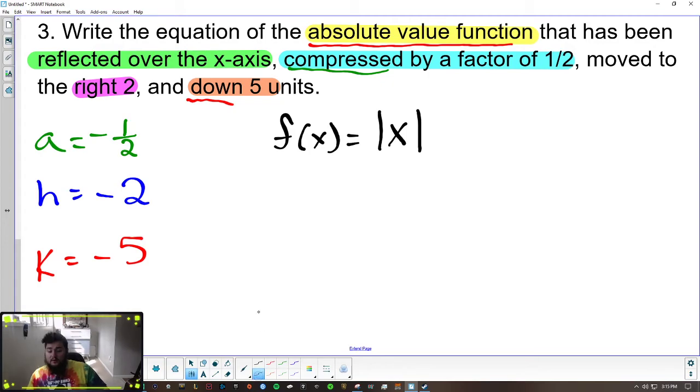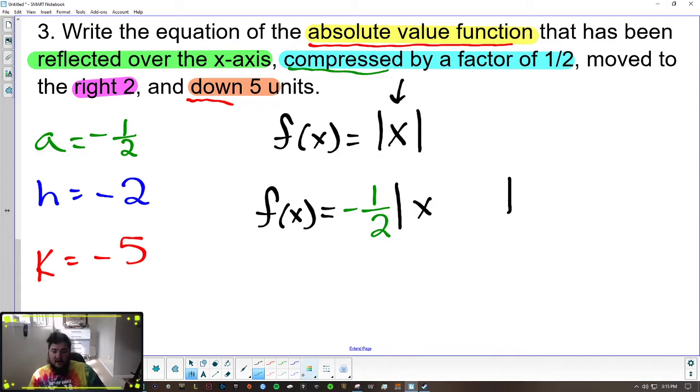Now what we're going to do is take our 3 values and put them into our function. We're going to start off with our f of x. We know the a value goes first and it's multiplied, so I'm going to write negative 1/2 out front. I know my h value goes inside the function. So inside the absolute value with the x is going to be my negative 2.